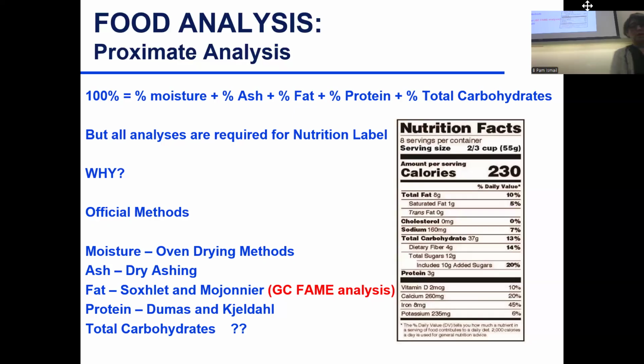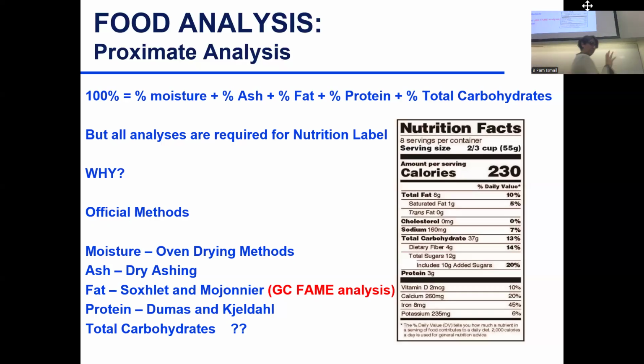Okay, very good. All right, so in order for me to utilize the data for a nutrition label, all the methods have to be official methods of analysis. Official methods are also known as primary methods of analysis, and these are the ones that have been validated by official organizations, like AOCS methods, AOAC methods, AACCI methods.